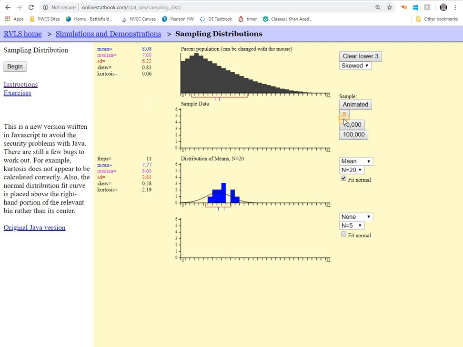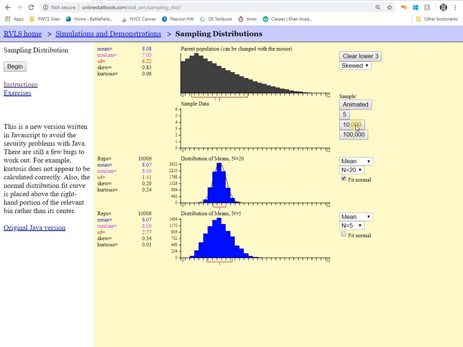But when we start looking at all of the possible samples that we get from that, the more samples I take, the more normal my distribution should be. So if we look at a sample of 20 versus a sample of 5, you can see the differences are a little bit obvious.